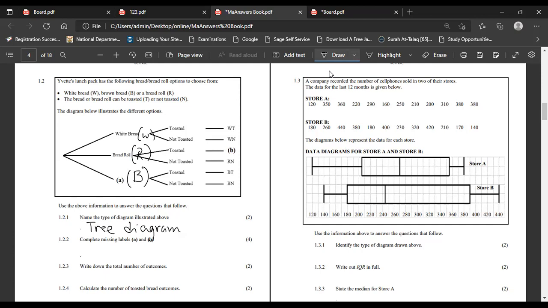That's why you see here it starts with B. You see that? B toast, which is BT. Whereas here now we are going on, we have the RN, which simply means the roll bread, not toast. So simply meaning what's missing here is supposed to be RT. So our A is supposed to be brown bread, and the B is the RT.